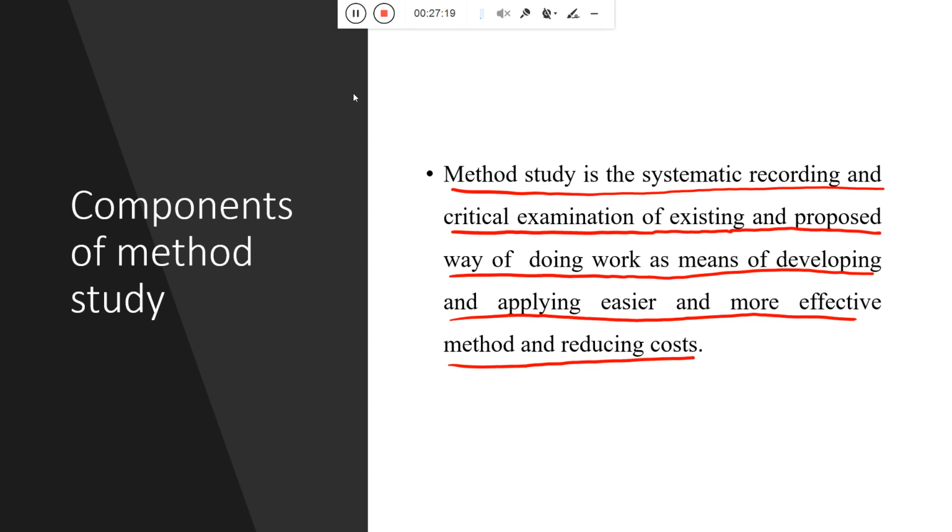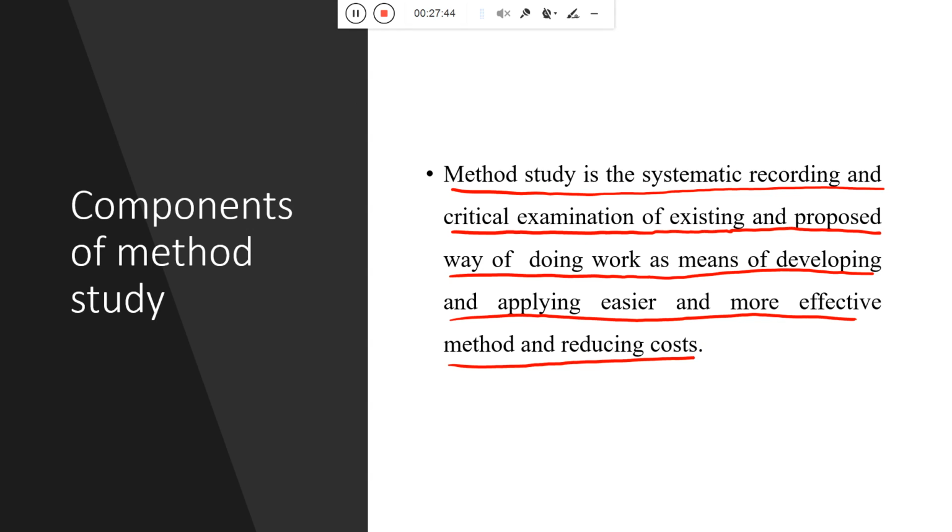The method study is a systematic recording, meaning we systematically record the existing method. Suppose one product is produced in my organization. How do I systematically record all the details related to that particular production process?